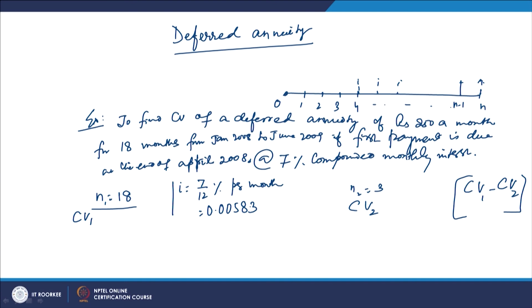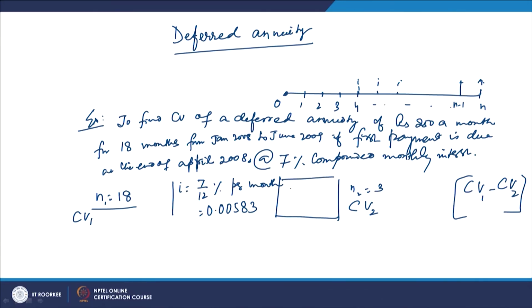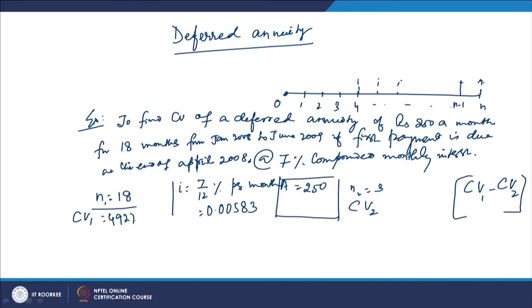So, the current value will be A into (1 minus (1 plus r) raised to the power minus n) divided by r, where A is 250. That will give you CV1, which will come out to approximately 4927.85, and CV2 will come out to approximately 741.34.